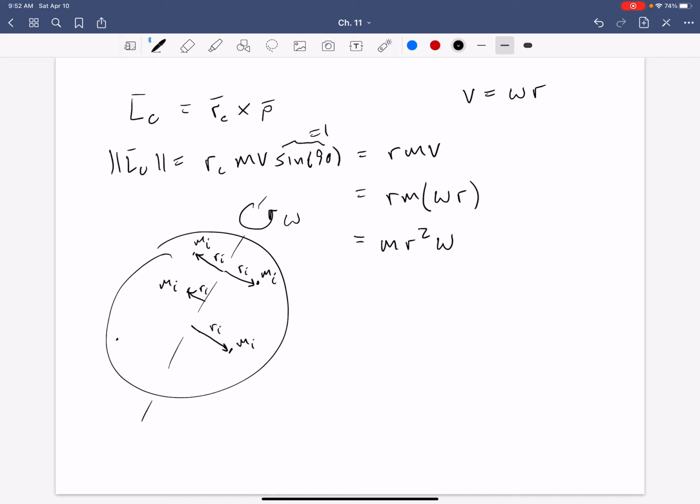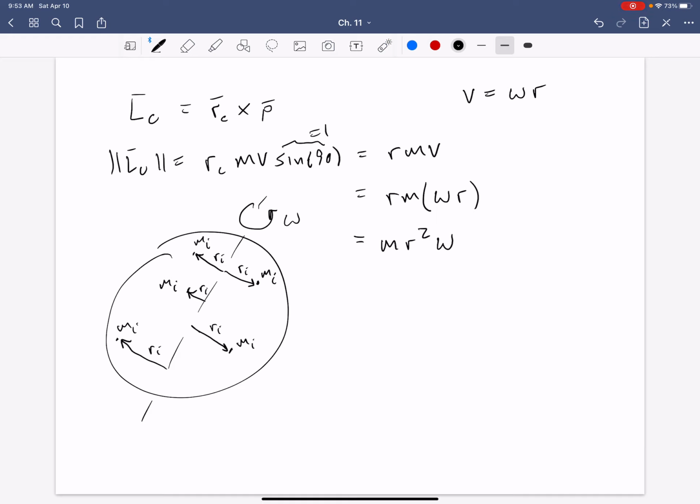Wherever these masses are, wherever these chunks are, they all have their own respective distance from the rotational axis. And so we can amend this equation to now account for an object with a continuous mass, right? Not just two points.